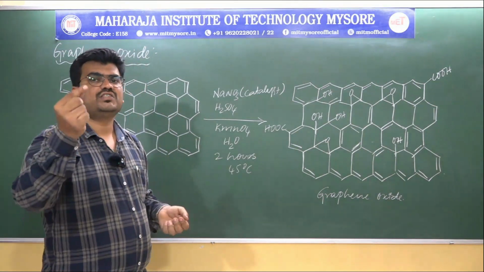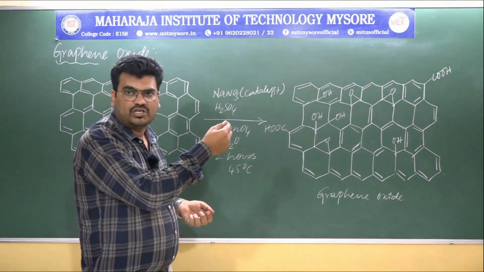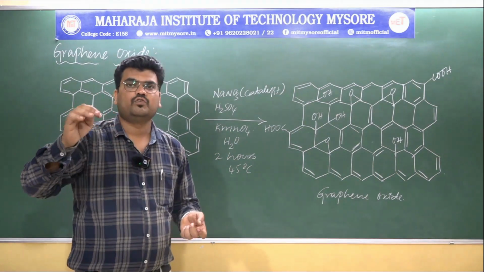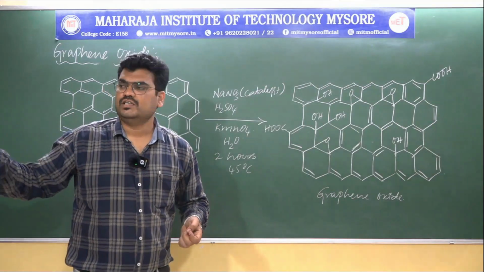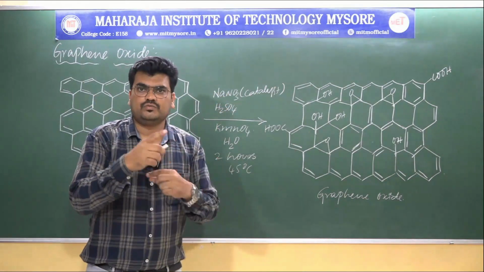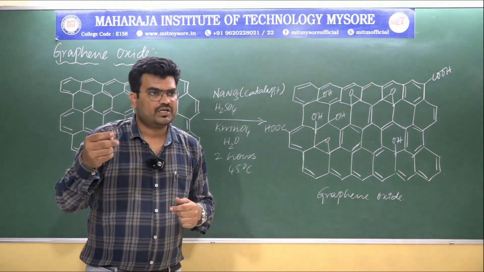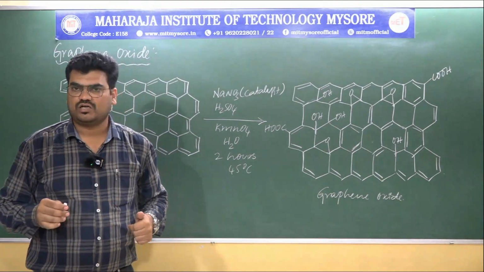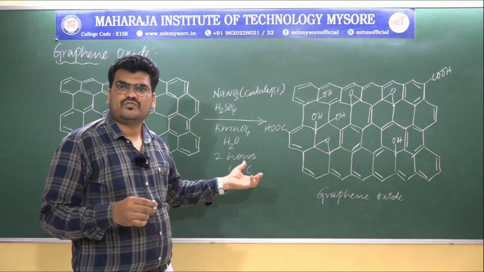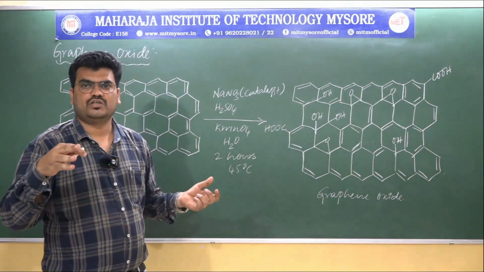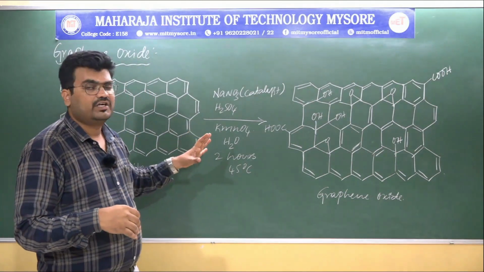If you take out one single sheet of carbon atoms from graphite and roll it in the form of a cylinder, it is called a single-walled carbon nanotube. If you take multiple graphene sheets and roll them together in the form of a cylinder, you get multi-walled carbon nanotubes. Likewise, if you prepare the same graphene sheet in a cylindrical or ball shape, then you get a fullerene.